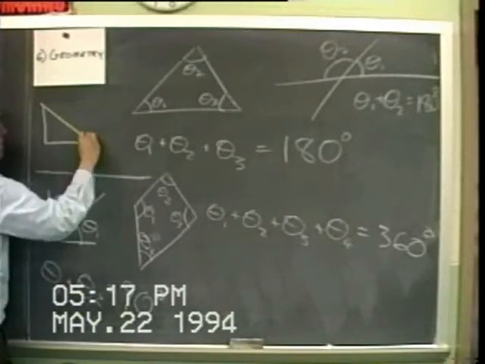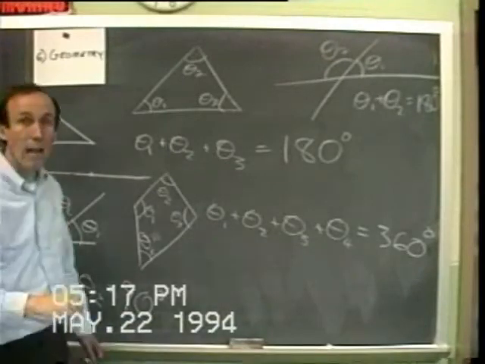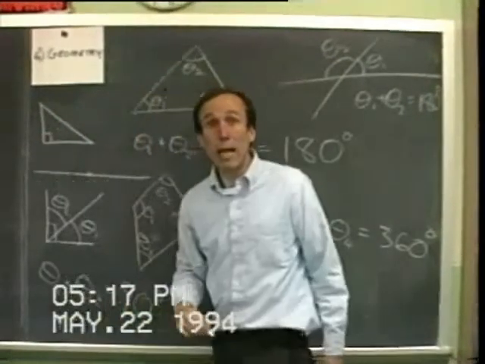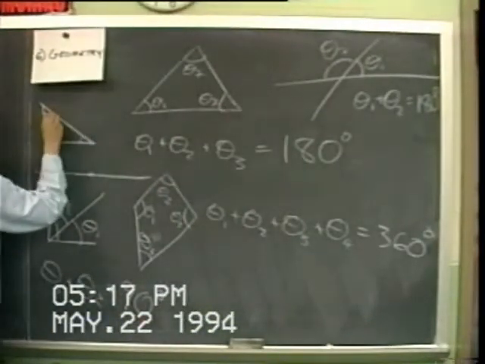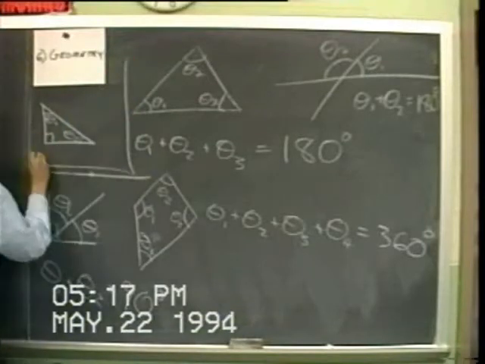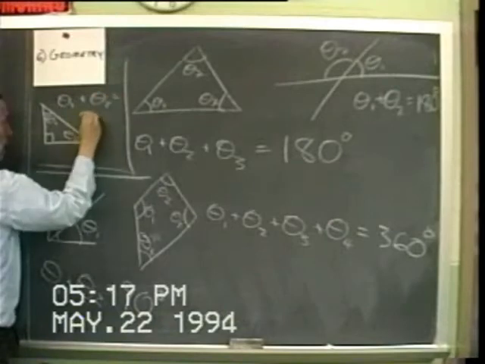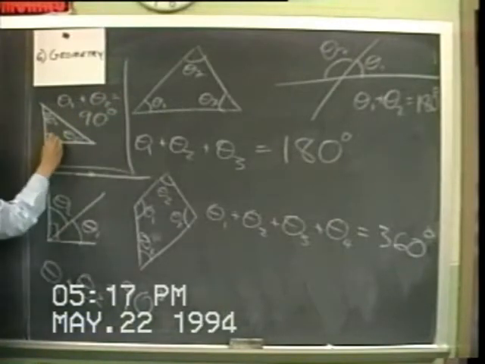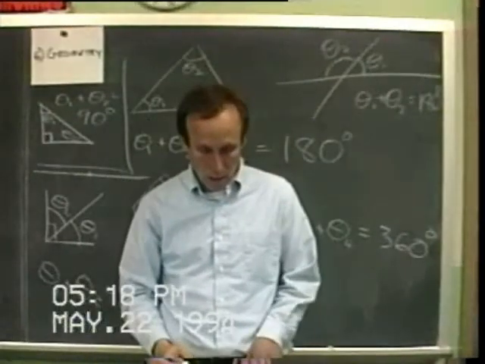You can say, if that's 90, all three of them have to add up to 180, then these two angles have to add up to 90 degrees, so that when I add it to the third angle of 90 degrees, I get 180.